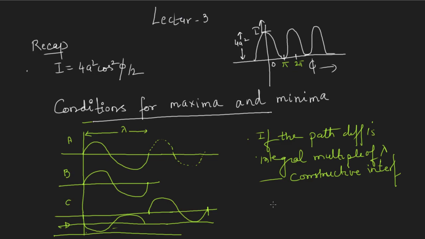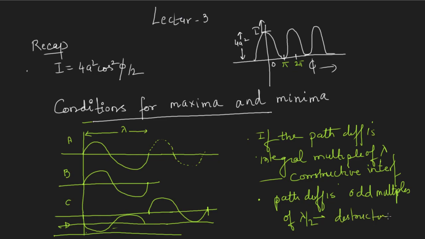Then the waves will superimpose destructively. So I get the inference that if the path difference is odd multiples of lambda by 2, I will get destructive interference.